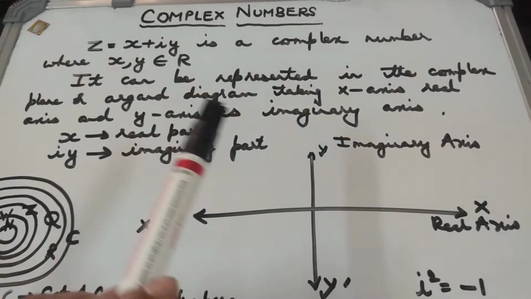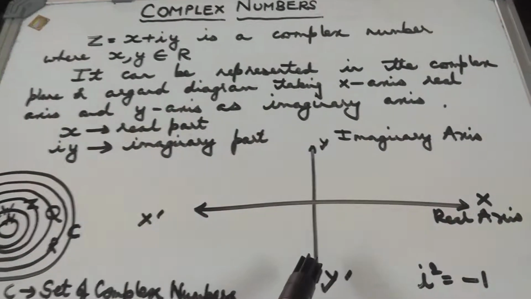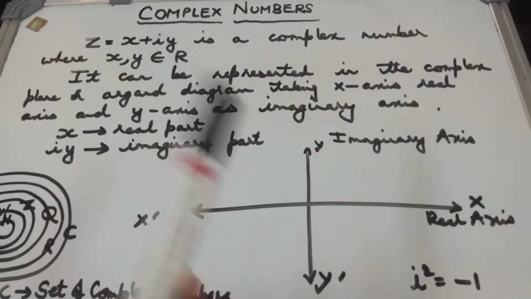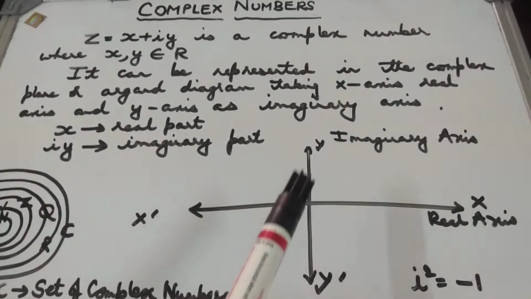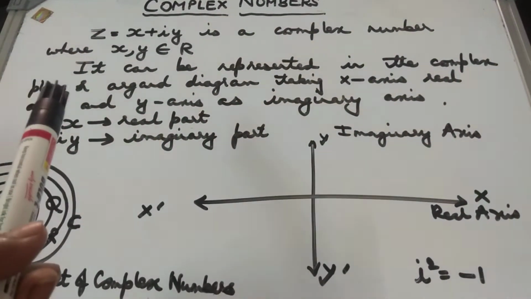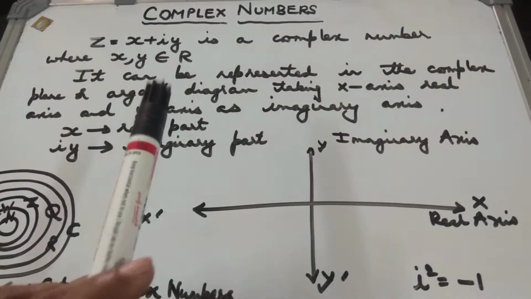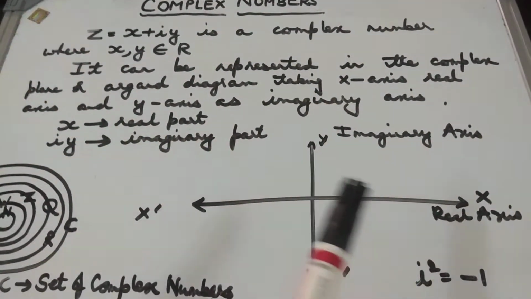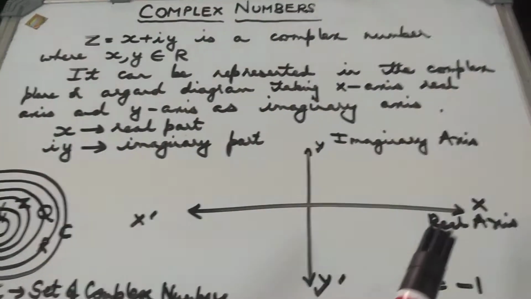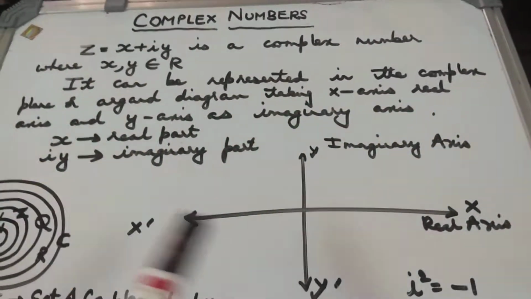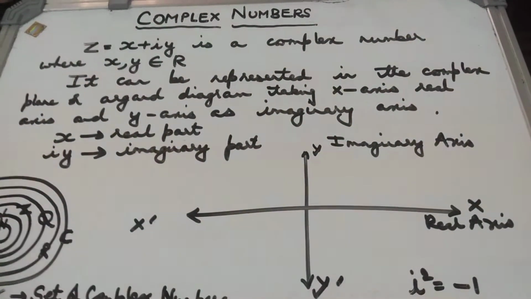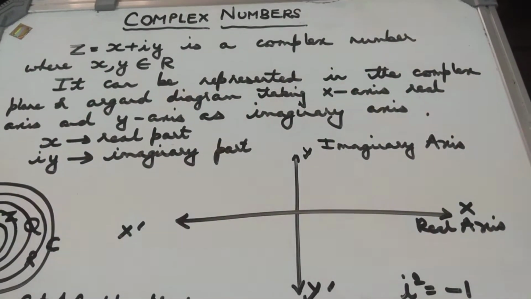Now it can be represented in the complex plane. We call that the Cartesian plane in case of the number system. Now in case of complex numbers, we call it the complex plane or Argand plane or Argand diagram, where of course we have x-axis and y-axis, but x to x dash is said to be the real axis and y to y dash is said to be the imaginary axis.